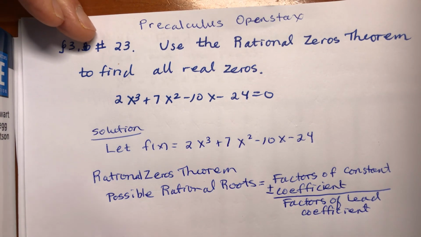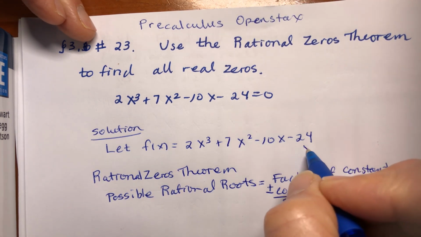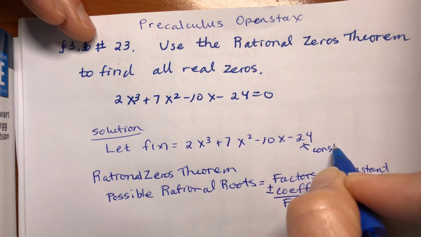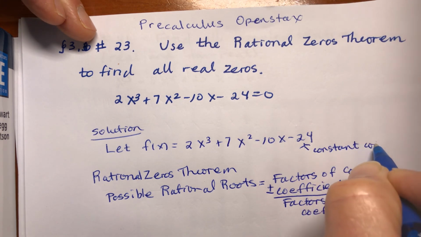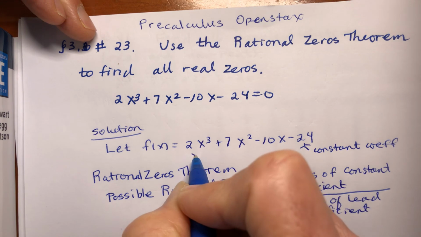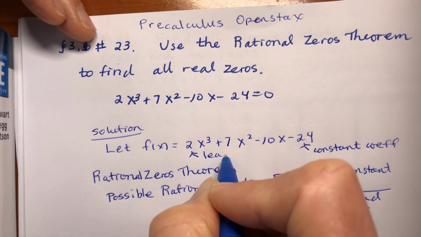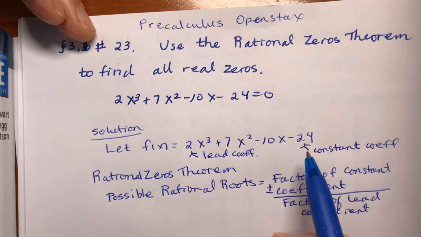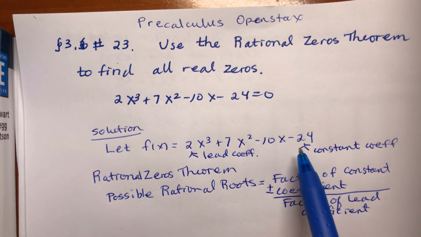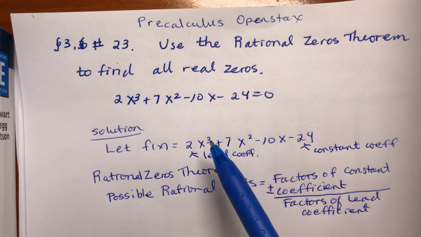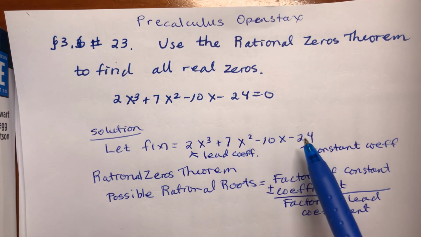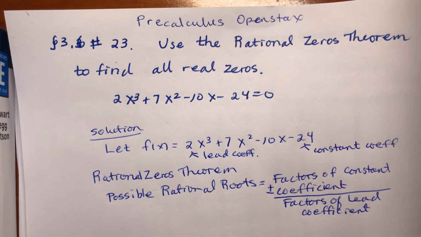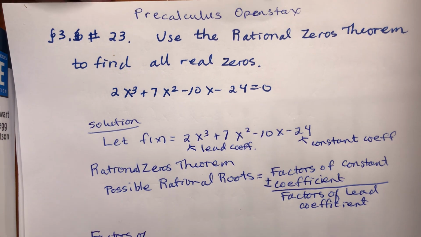So what's the constant coefficient? It's this guy here. Now, this is more practical if you have coefficients which have few factors, like the very best, like 2 is a prime number. 24 is a composite number, has quite a few factors, so it makes it a little bit more difficult.